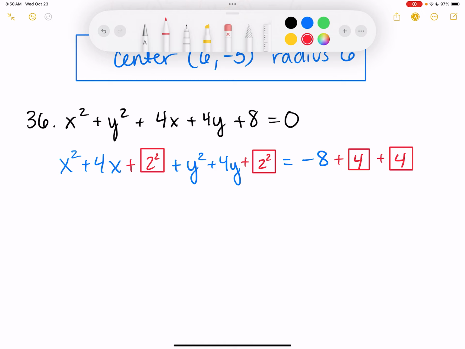Huh? It doesn't come out to a circle. So over here, what would the perfect square trinomial be for this? x plus 2, and then that whole thing squared. y is going to be the same, just with a y instead. Equals negative 8 plus 4 plus 4 is 0, but I can't have a radius of 0, right? So this is not a circle.